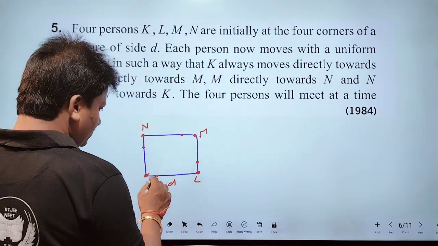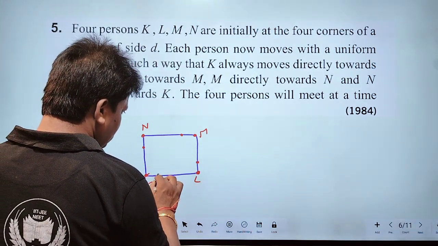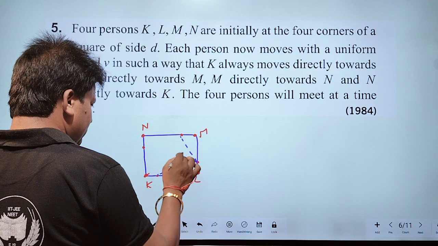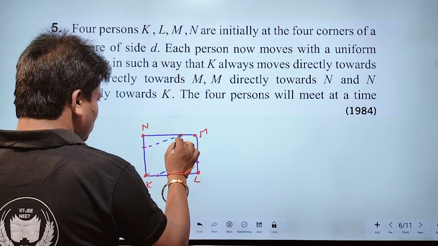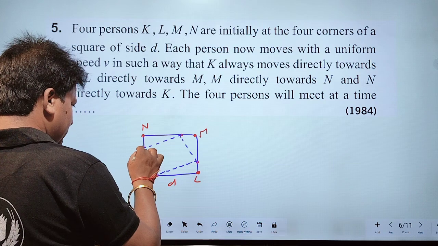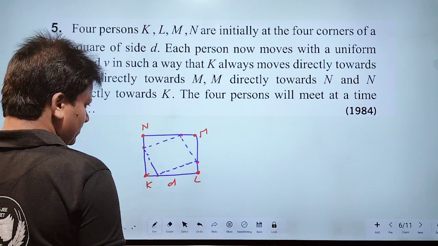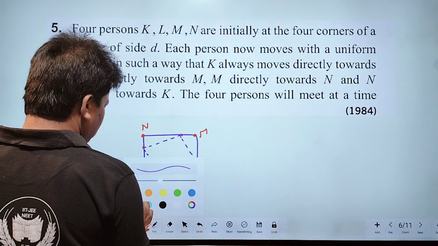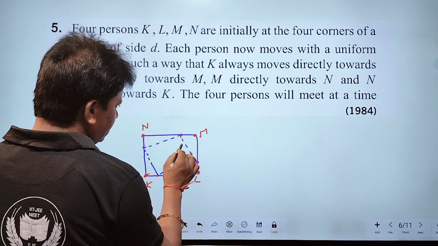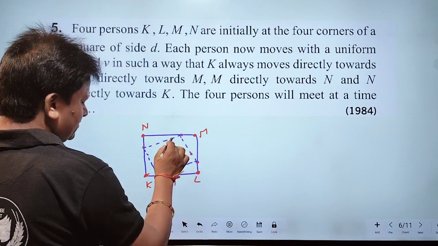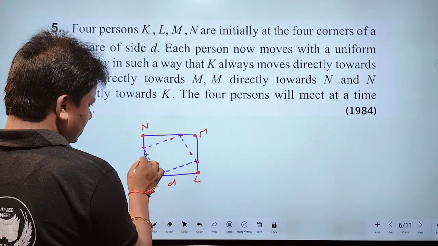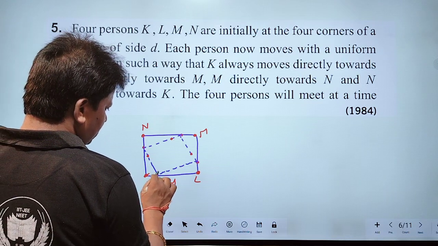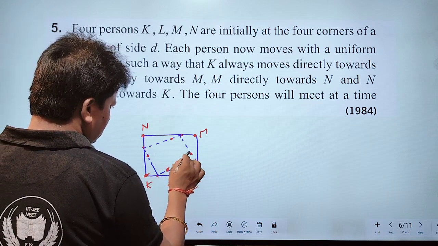Therefore, this person should move in this direction and this person should move in this direction. Further in dt time, each person again moves from this point to the next point.